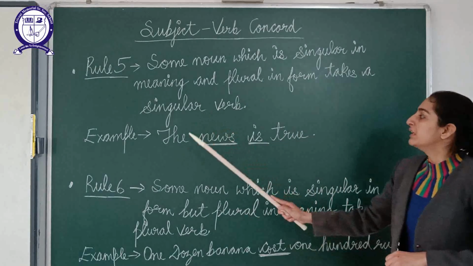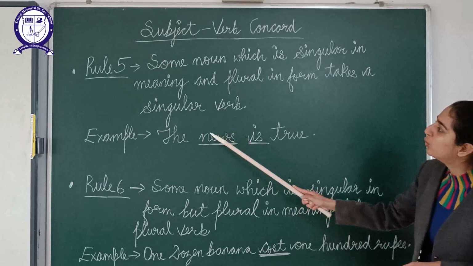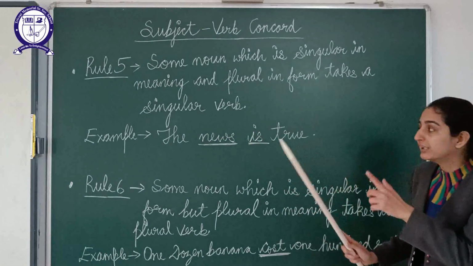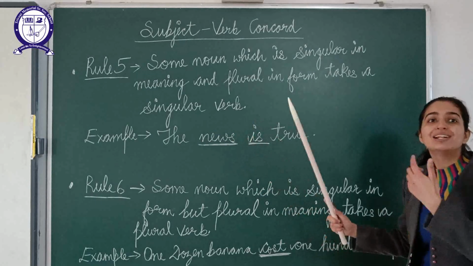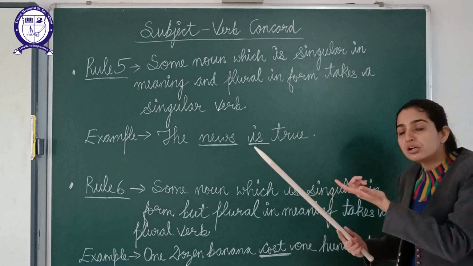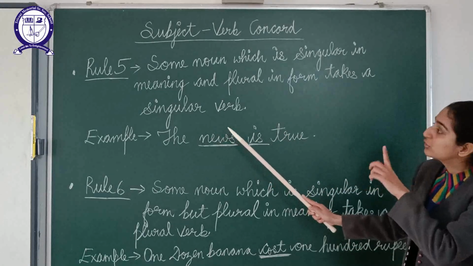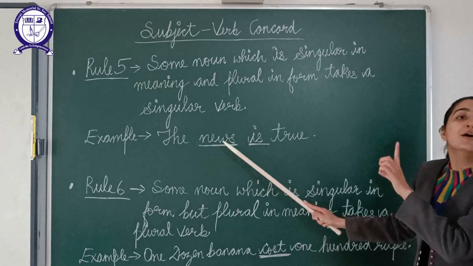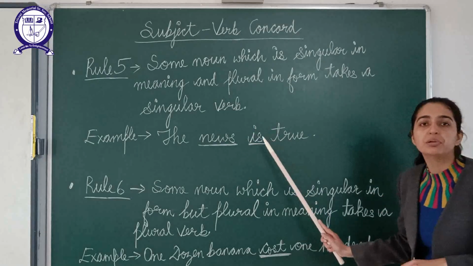For example, the news is true. Here this noun news is singular in meaning, but the form is plural. We have added s, so it seems to be a plural noun, but its meaning is singular, and its form is plural. So with this we have used a singular verb.